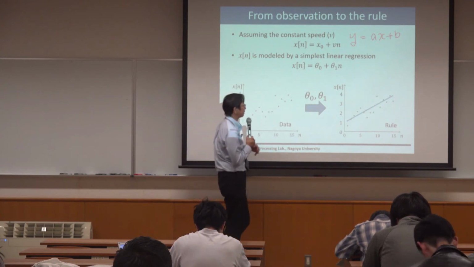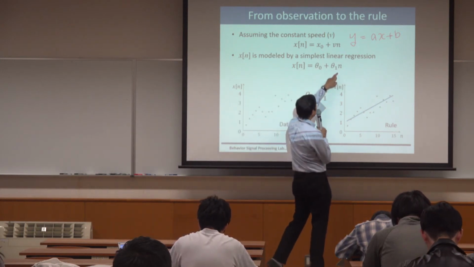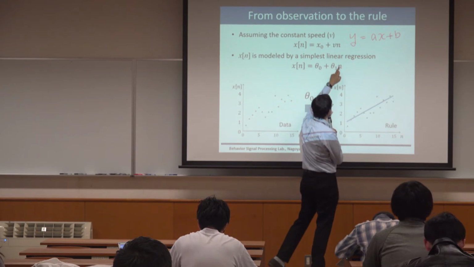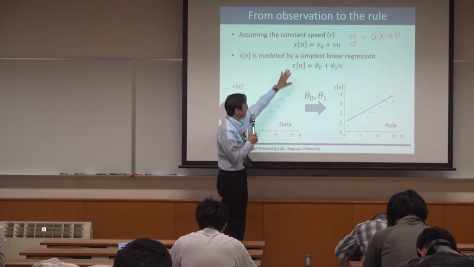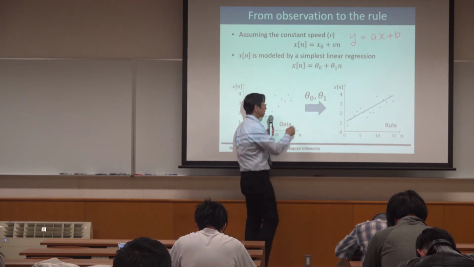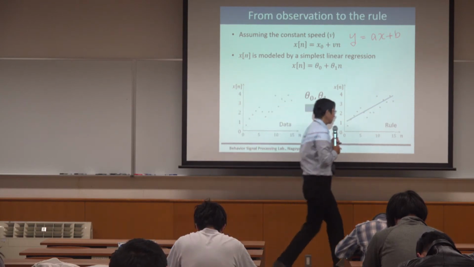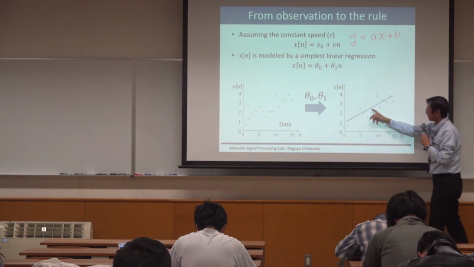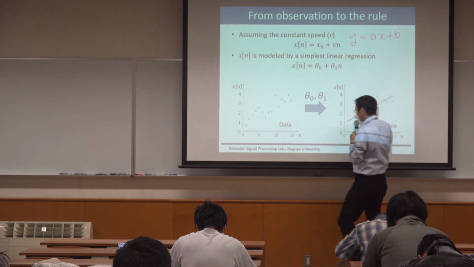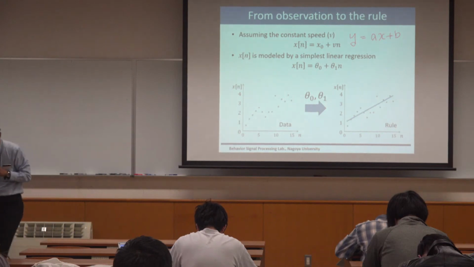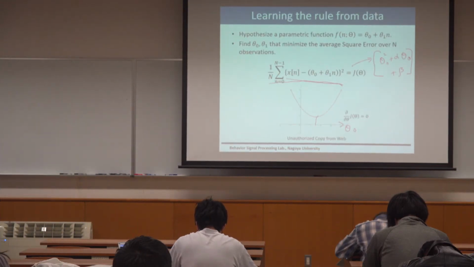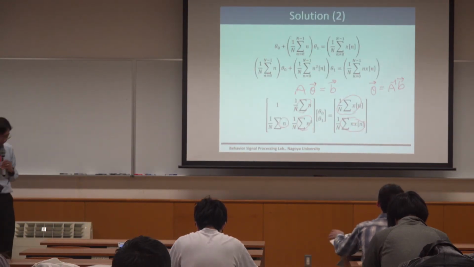And if your knowledge tells you that it is x square, then you need to do something different. But in this case, the problem is the definition of theta 0 and theta 1, and somehow find this line by mathematical calculation based on linear algebra like this.